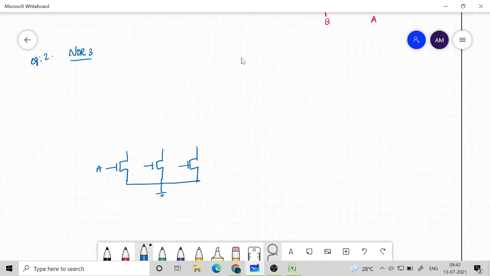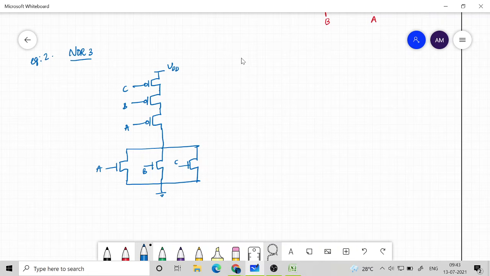So A, B, C. And then you have a series connection of PMOSes, A, B, C, and finally VDD.